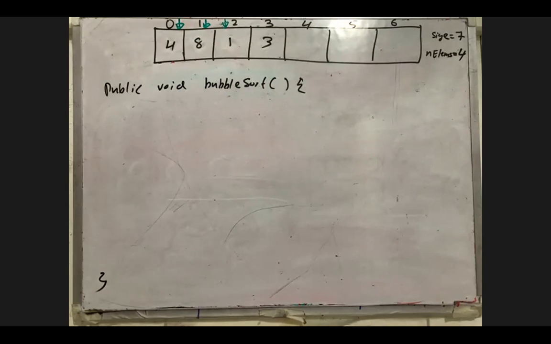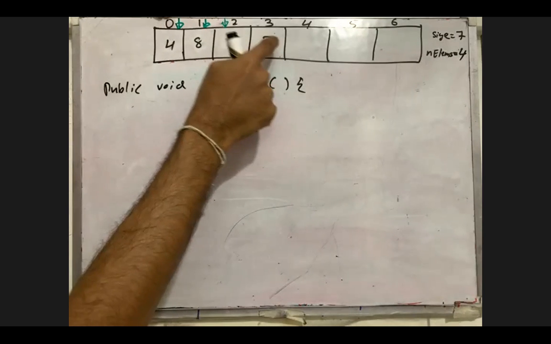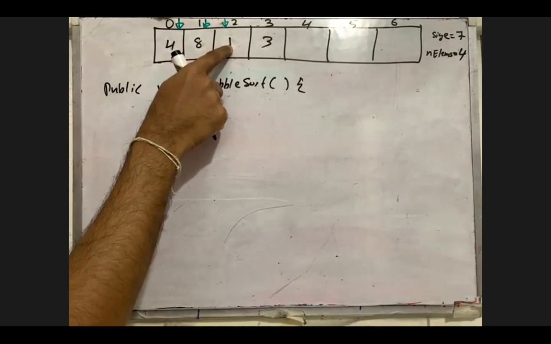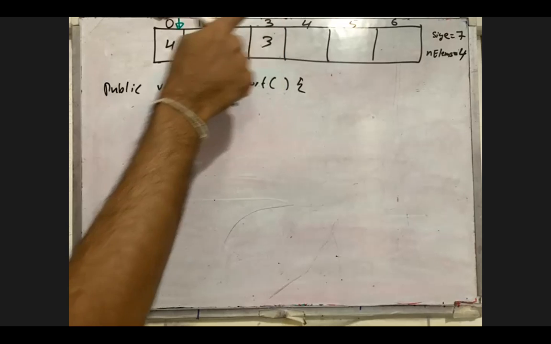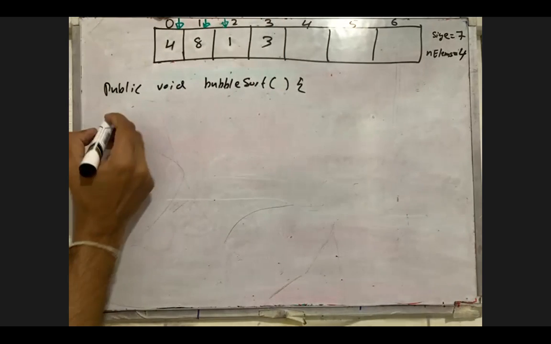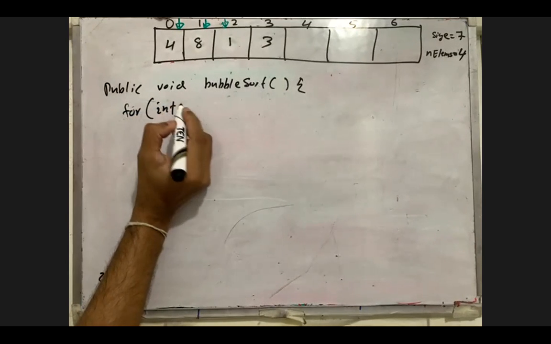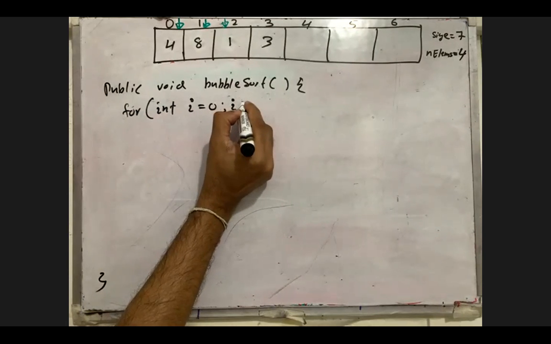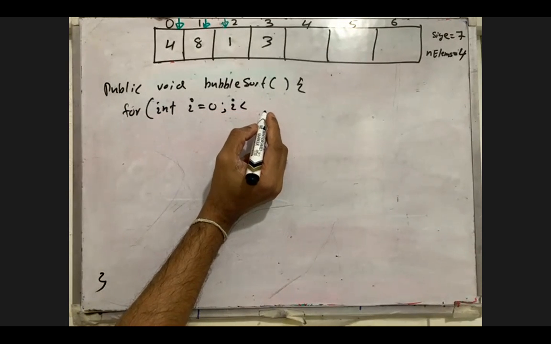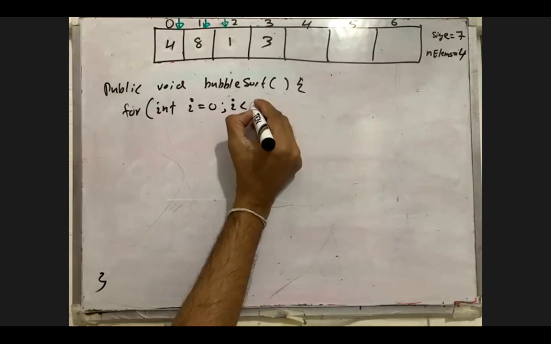Okay. Now you know you need to write the for loop should start from 0 to 1 before the last element. Last element is third one, 1 before the third element. Therefore, you can write a for loop for int i equals 0, i less than, assume that you need to go up to this one, then number of elements.